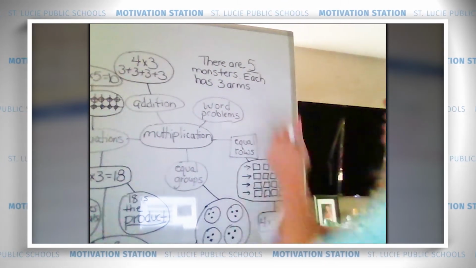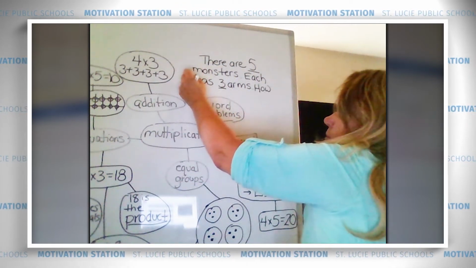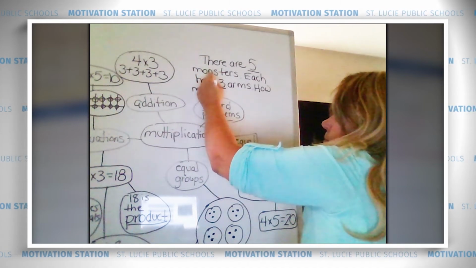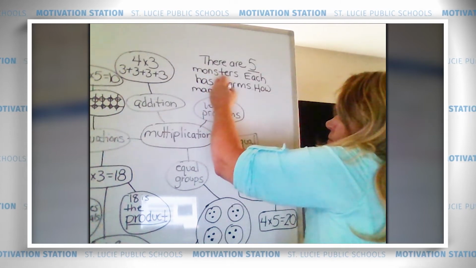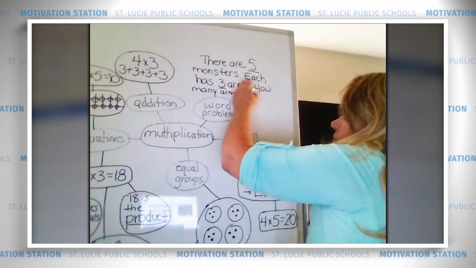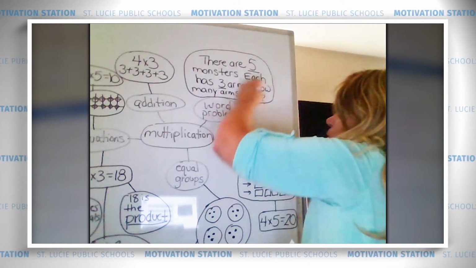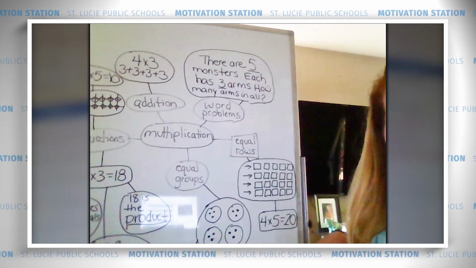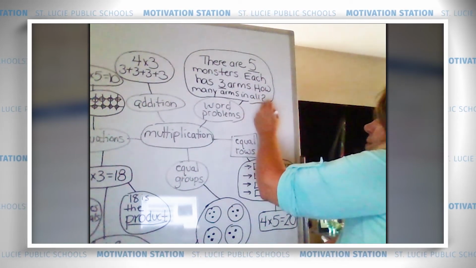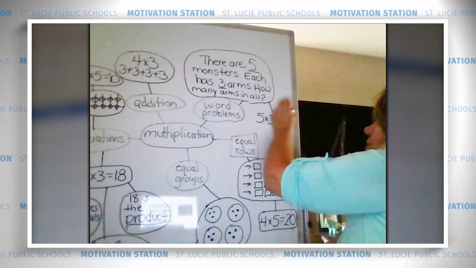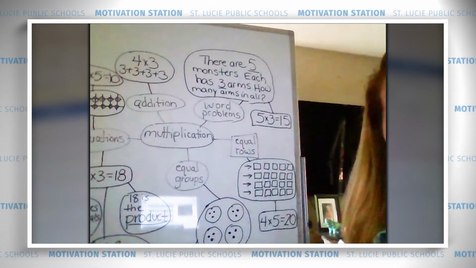How many arms in all? Okay, and I'm going to attach that to my word problems. And then I'm going to write the equation for that. 5 times 3 equals 15 arms in all. Wow.